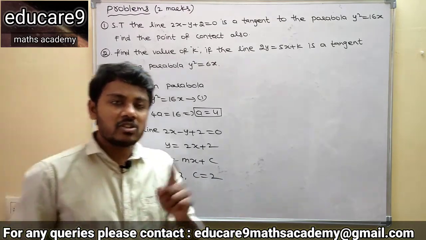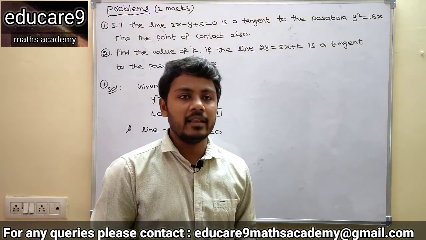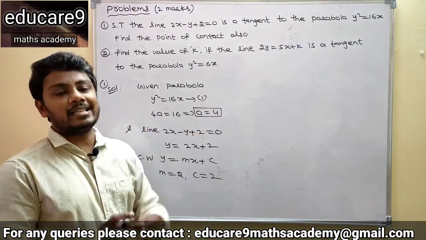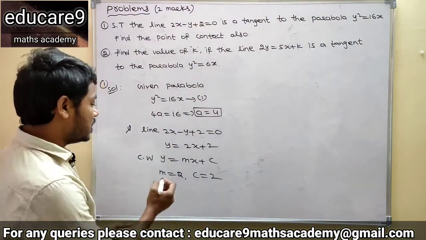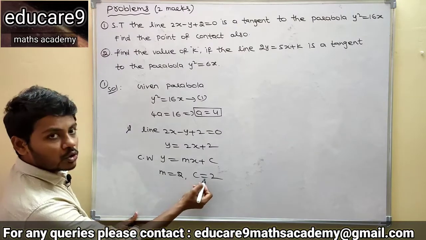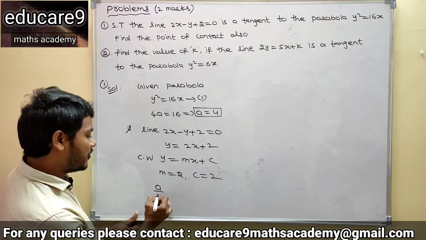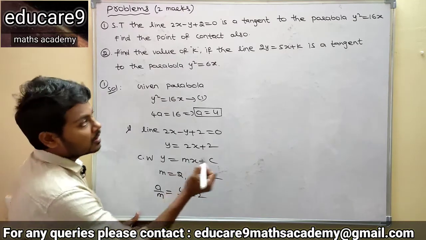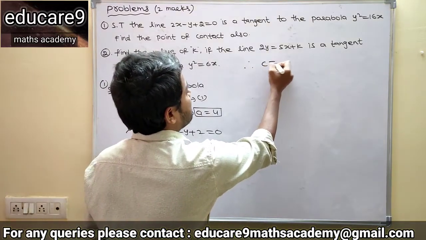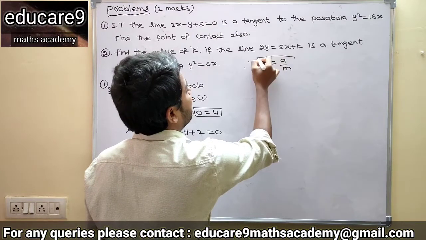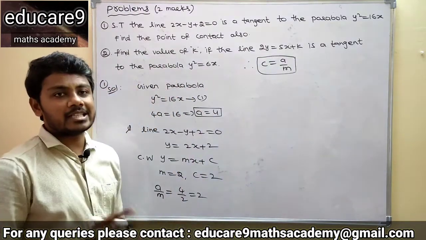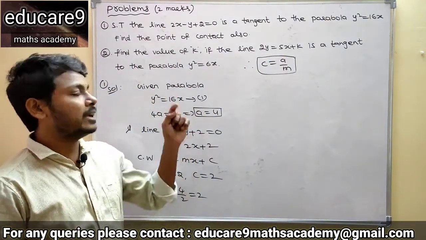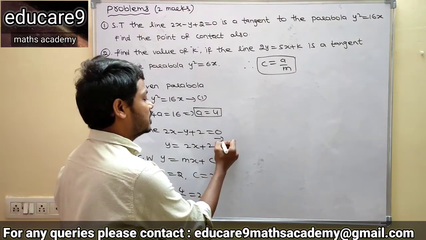So here if c is equals to a by m, then the given line is a tangent to the parabola. See here, what is the c value? 2. And what is the a by m value? A by m is 4 by 2, which is 2. So therefore clearly c is equals to a by m. Then you can say that the line is a tangent to the parabola.